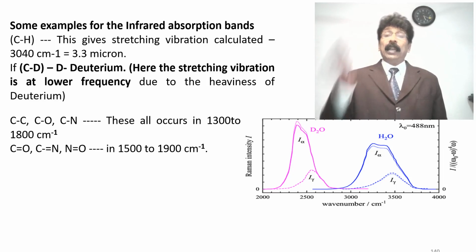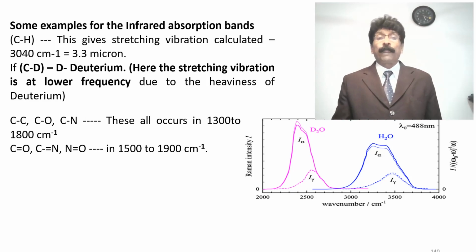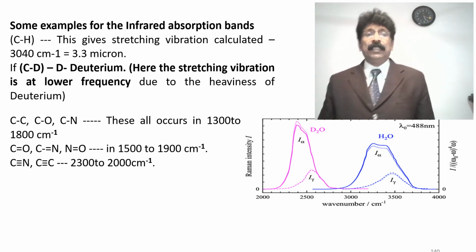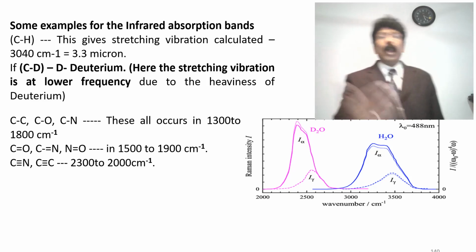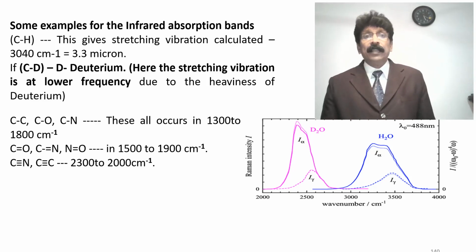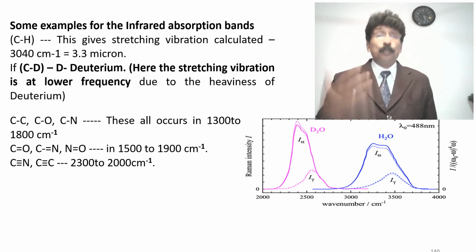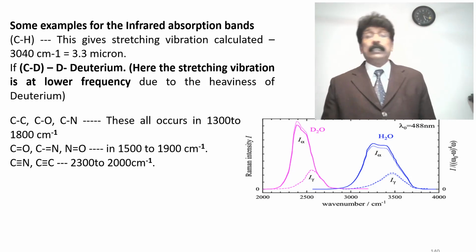C double bond O, C double bond nitrogen, N double bond O, nitro, in 1500 to 1900 centimeter inverse. C triple bond N, C triple bond C, they also give the peak in the IR spectrum, that is 2300 to 2000 centimeter inverse.